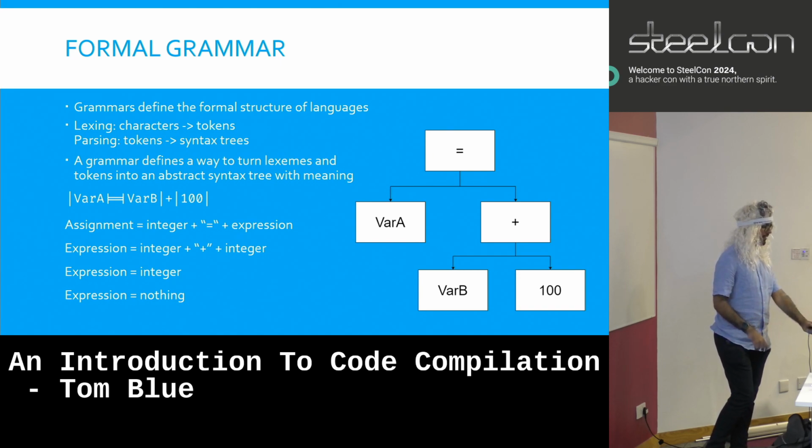So if we look at the abstract syntax tree, you have addition, which matches the pattern for integer plus integer, assuming var b was an integer. And then we have assignment, which is an integer plus an equals plus an expression. And since the expression matches the first rule, we simplify that into an expression, and we have an integer plus an equals plus an expression.